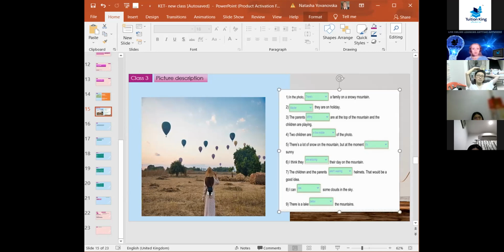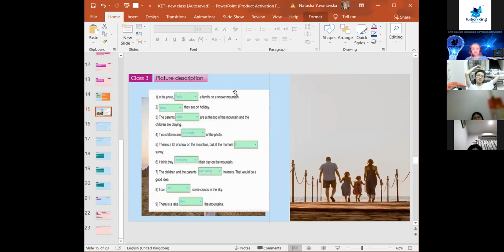For the second one, we can say in this photo there is a family and they are probably at the beach because we can see the sea at the back. Probably they're having their summer vacation here. This family has two little girls. The girls are wearing dresses.